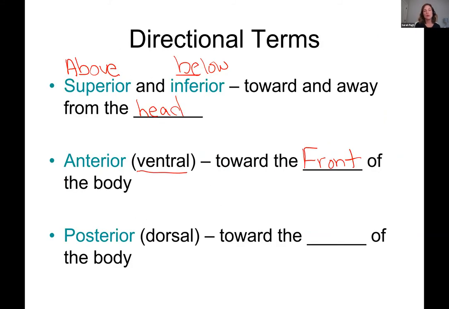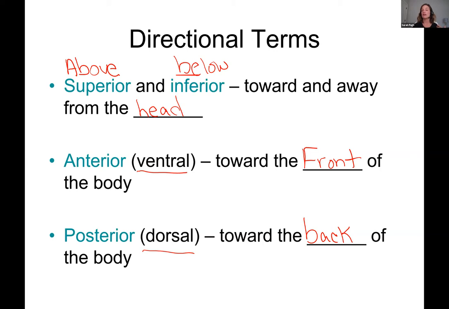And then the term posterior and dorsal, again, in humans and bipedal animals, means the same thing. This just means towards the back of the body. So let me give you some examples of using anterior and posterior in a sentence. So I could say something like the esophagus is anterior to the spinal cord, right?